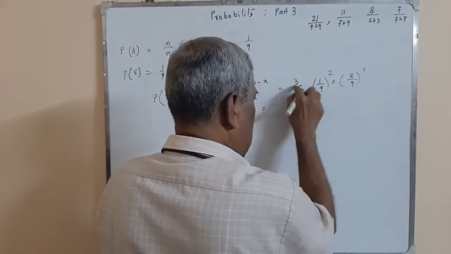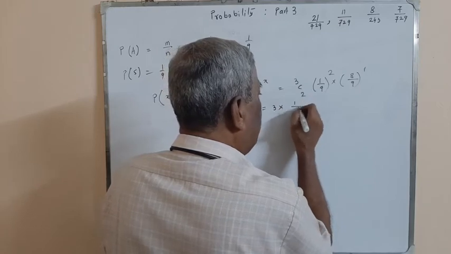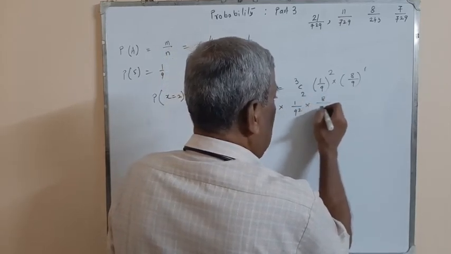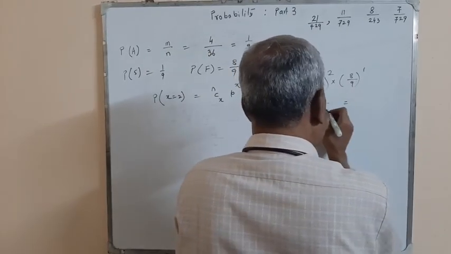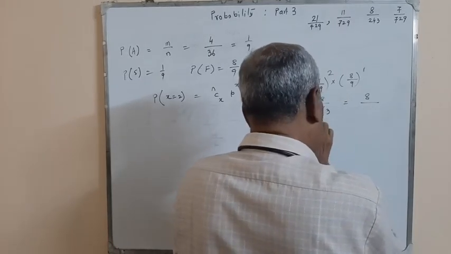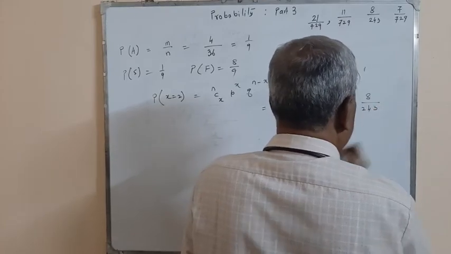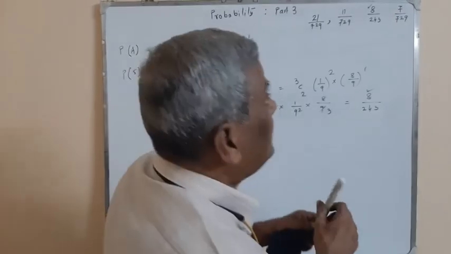So it is equal to 3 into 1 by 9 square into 8 by 9. Together that is 8 by 81 into 3. So this is our correct option.